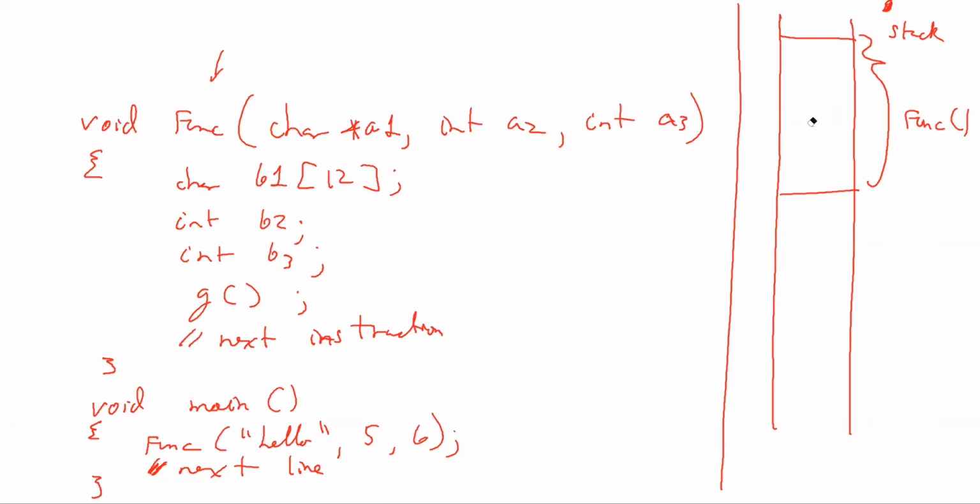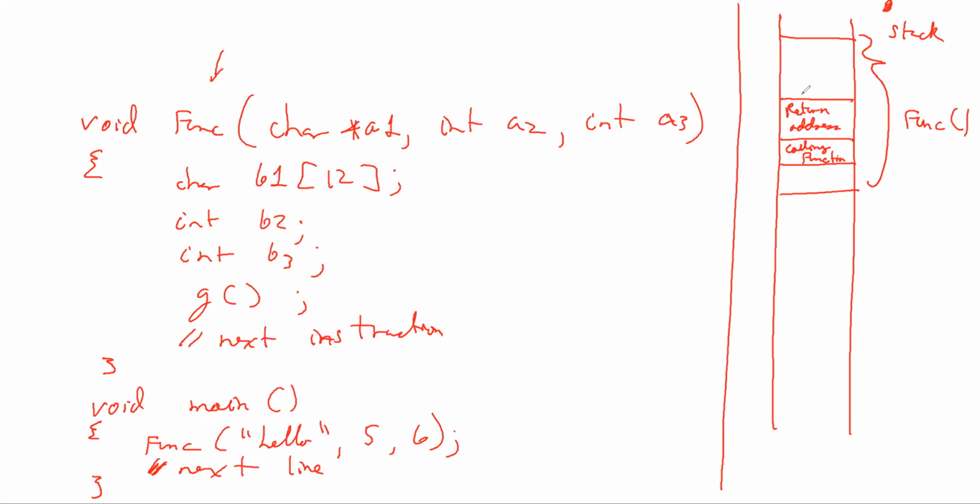Now it follows the structure. I'm going to have a return address, and I'm going to have another address to, let's say, the calling function. So that's another address.